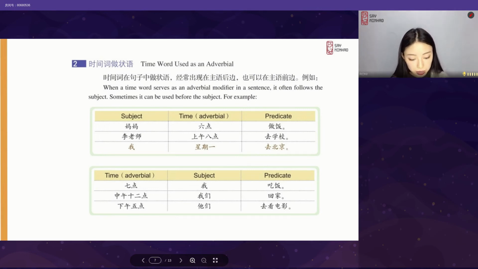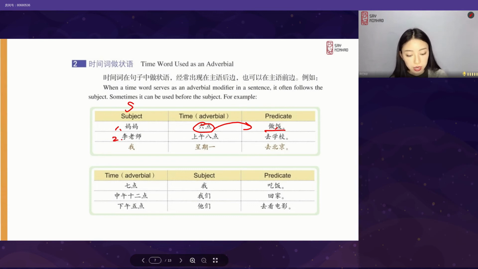Okay, let's see the examples. First one is 妈妈6点做饭. Mama is the subject, and then 6点 is the time word. And then 做饭 is cooking, the verb. 做饭, cooking. And we can see the time word is before the verb, before the predicate.